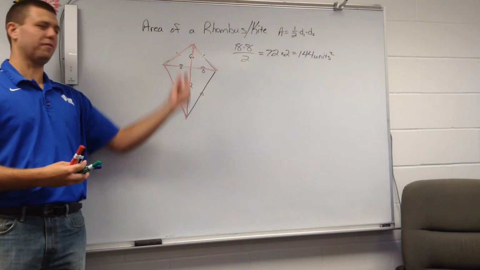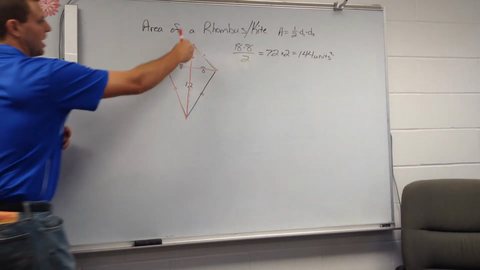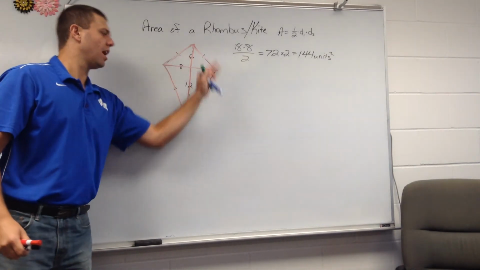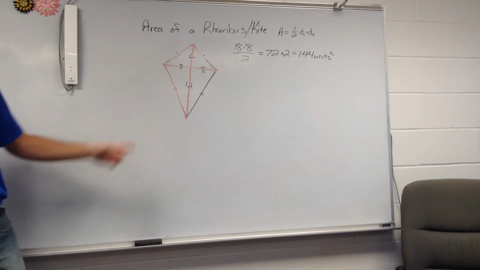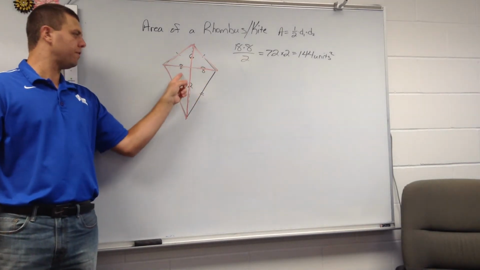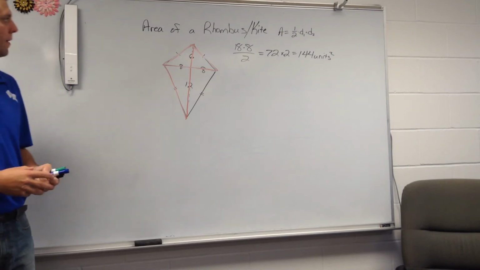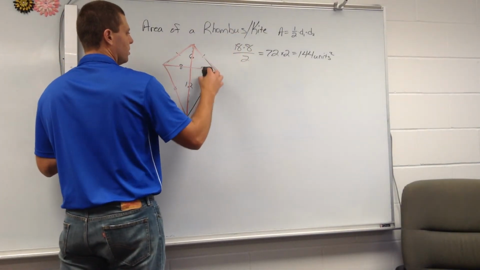The ones on the bottom are different than the ones on the top when you got a kite. So you can't do it that way. You got to do it the long way to split it down, find the area of that half, and then double it. Okay? If a person wanted to, could they find the area of all 4 of these triangles and add them together? Yeah. Sure, might be a little bit of a longer way to do it, but it would still work.